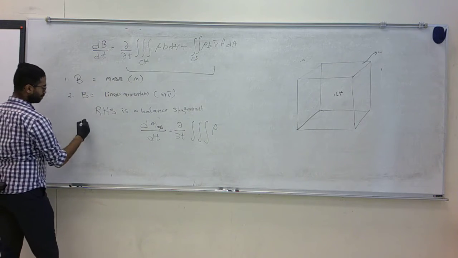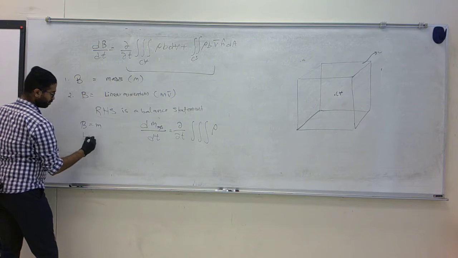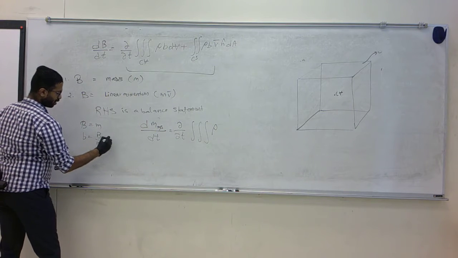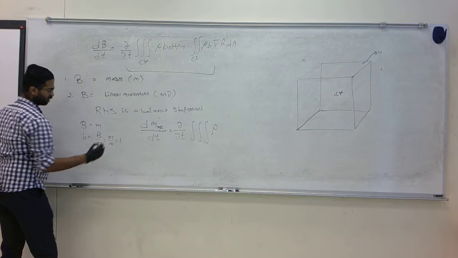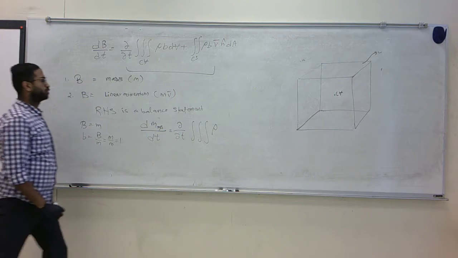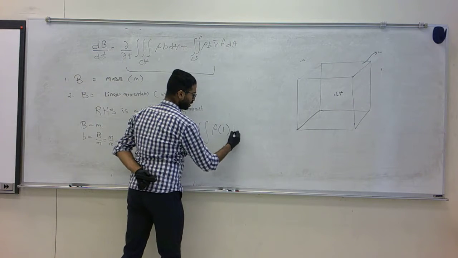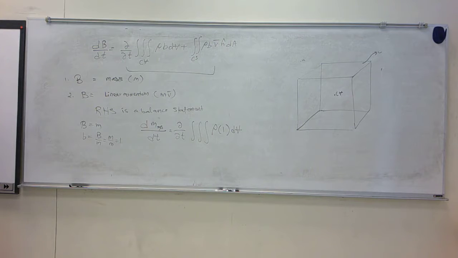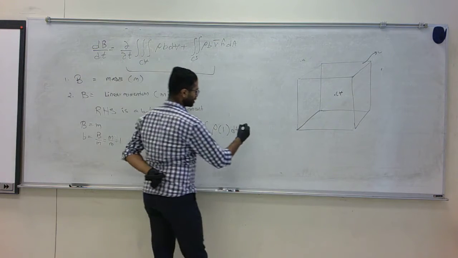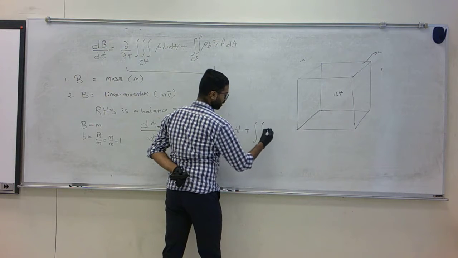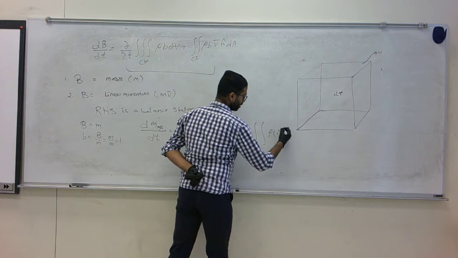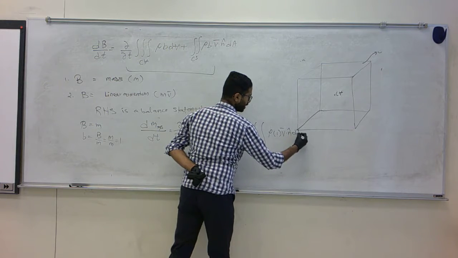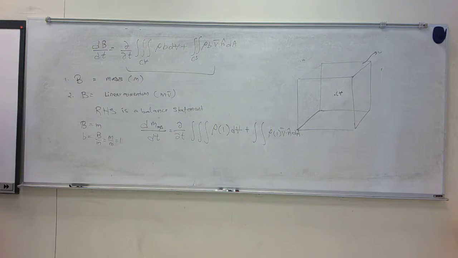If B equals m, then lowercase b is B over m, or m over m, which is 1. Okay, so I have rho times 1 times dV, density times 1 times dV plus rho v dot n dA.